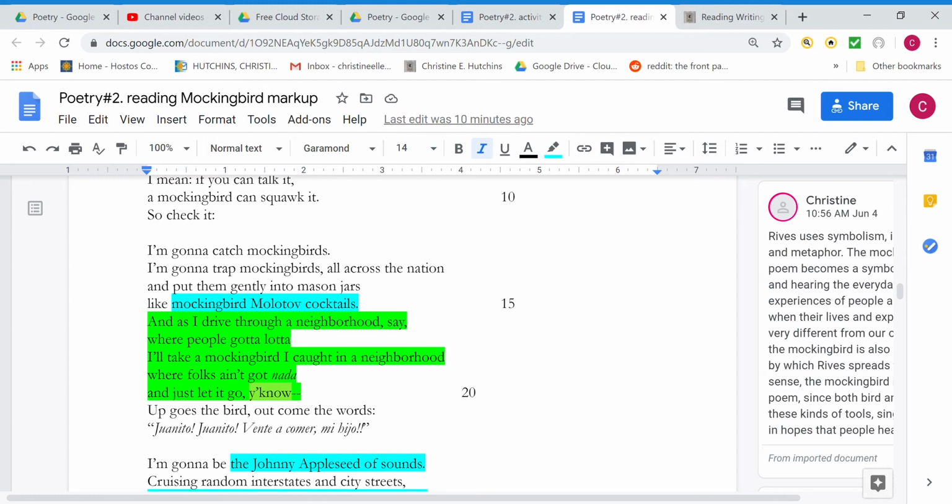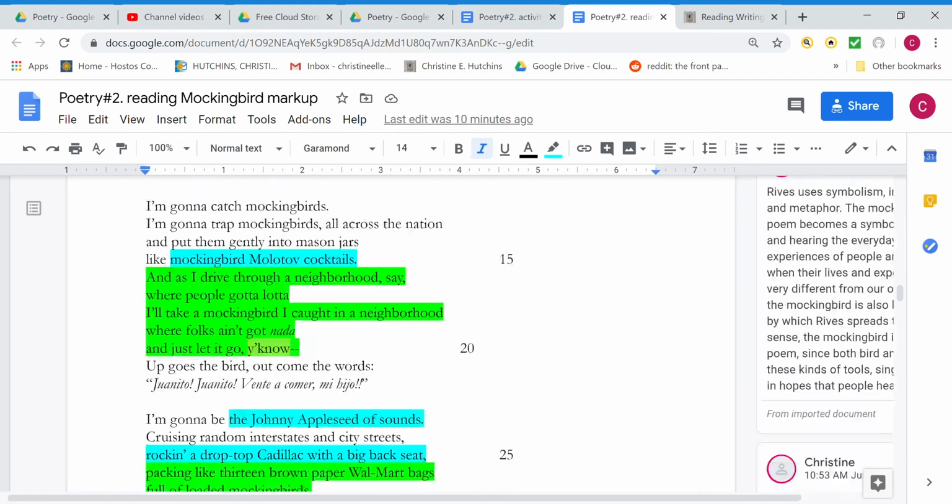You can picture the mockingbirds in the paper bags from Walmart in the back seat of the drop-top Cadillac, all singing their songs. And it's symbolism, it's imagery, and it's also metaphor. The mockingbird becomes a metaphor for sharing or getting to know someone else's experiences or everyday life.